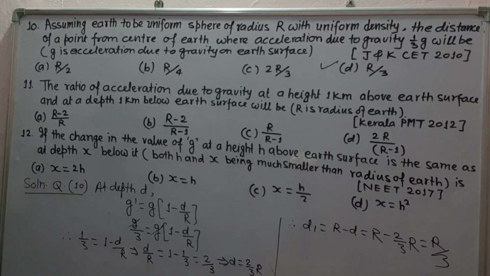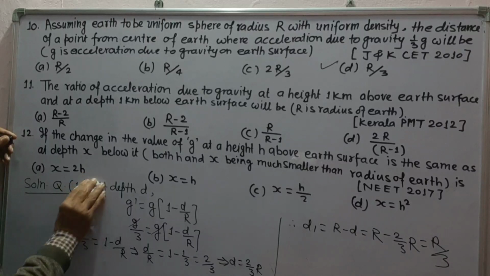Next, question number 11. The question is, the ratio of acceleration due to gravity at a height 1 kilometer above Earth's surface and at a depth 1 kilometer below Earth's surface will be. Here r is the radius of Earth.